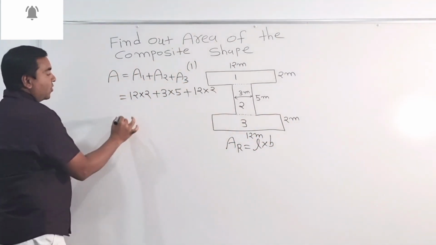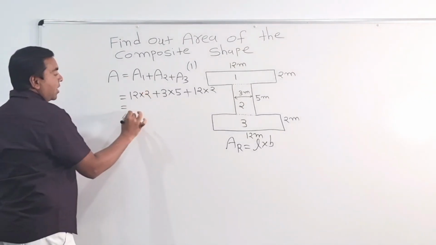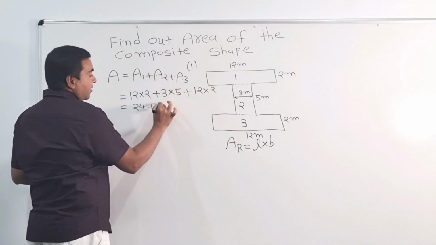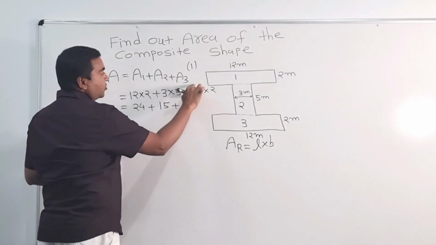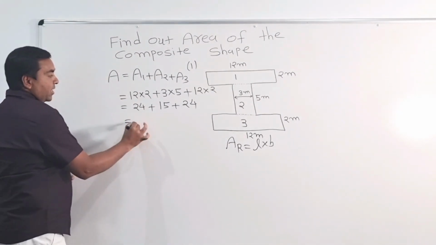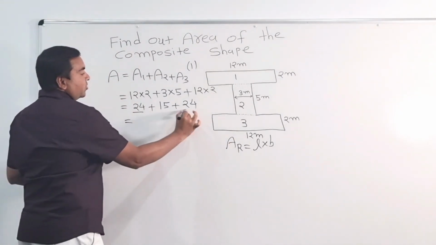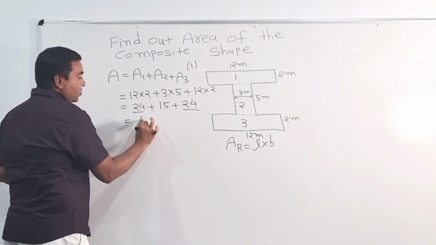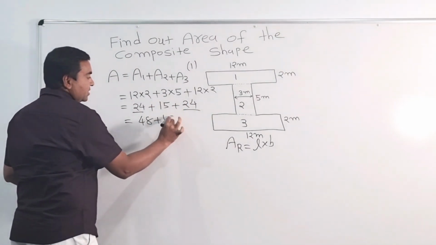And now I've got to just work it out. 12 2s are 24, 5 3s are 15, and 12 2s are 24. Now you can be a bit more creative in adding, guys. I'll add 24 and 24 together, which makes life easier. So 24 plus 24 is 48, plus 15.